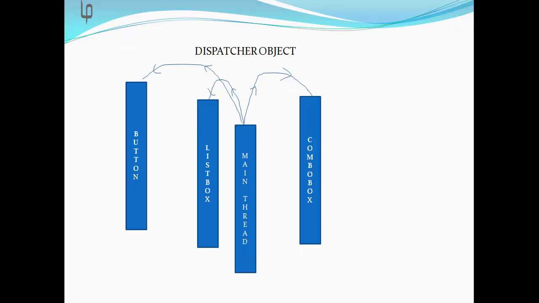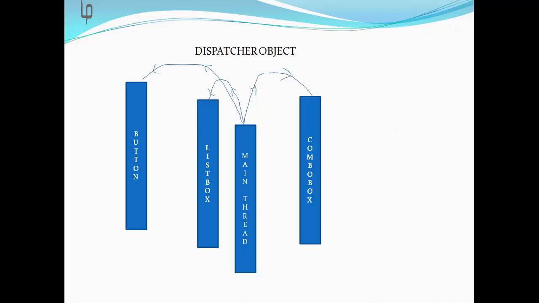If anything has to be modified in the button, it has to be done by someone in that same thread. And if something has to be modified in the list box, it has to be done by someone in the same thread. Since the main thread and button are in different threads, they cannot modify each other's data.